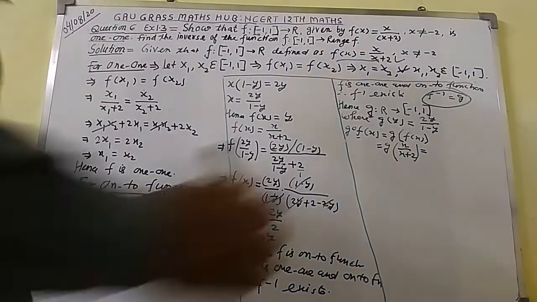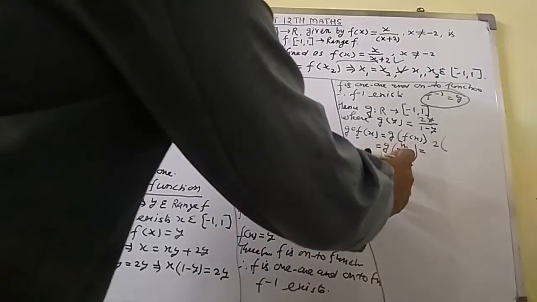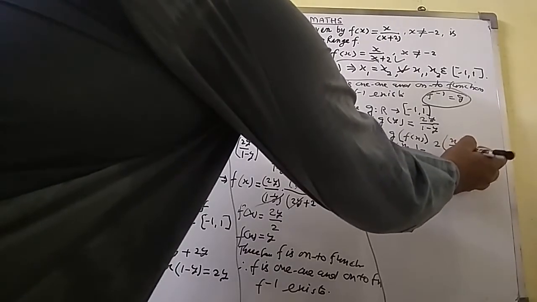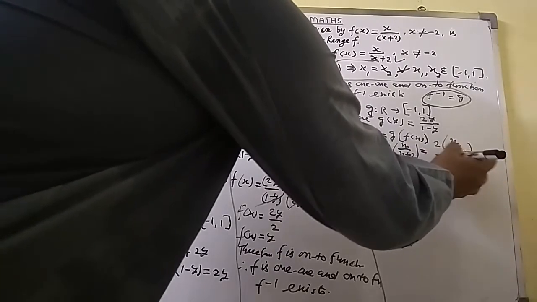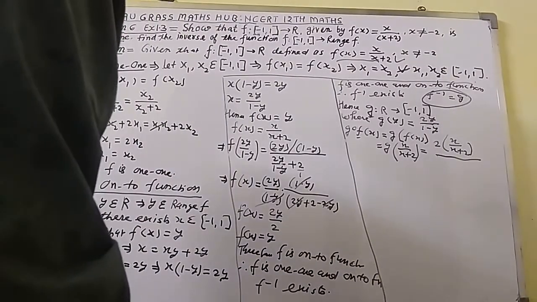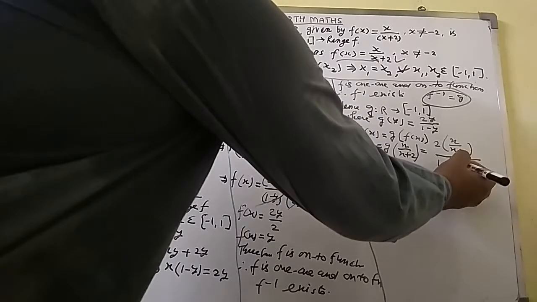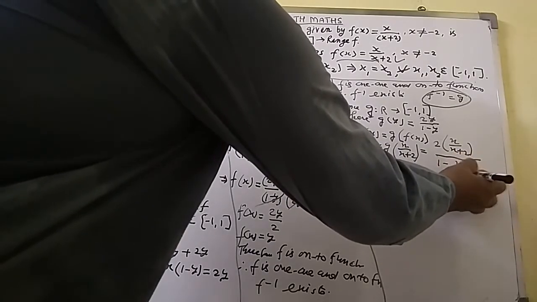In place of y you can write x over x plus 2. So here I shall write 2 in bracket y, where y will take the value x over x plus 2, whole over 1 minus, in place of y, x over x plus 2.